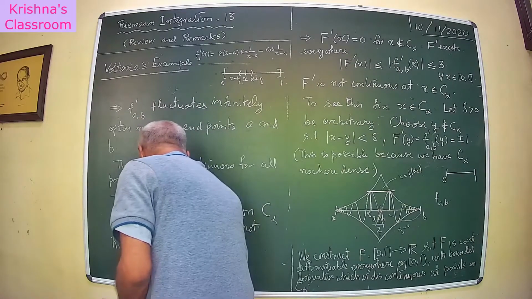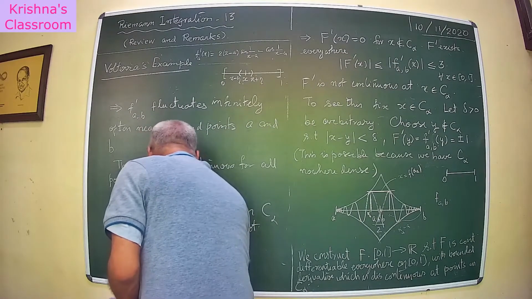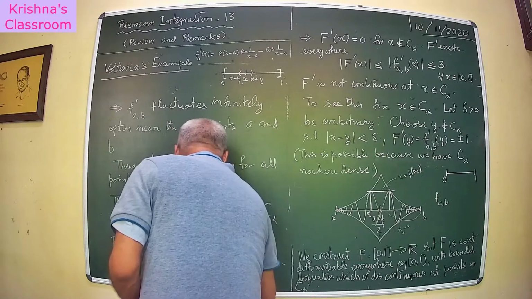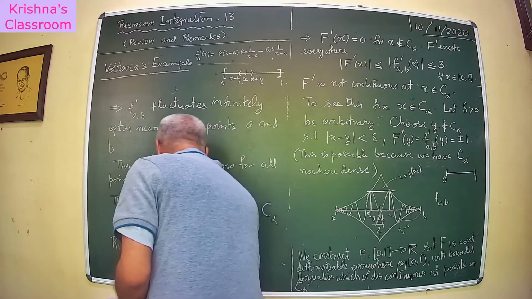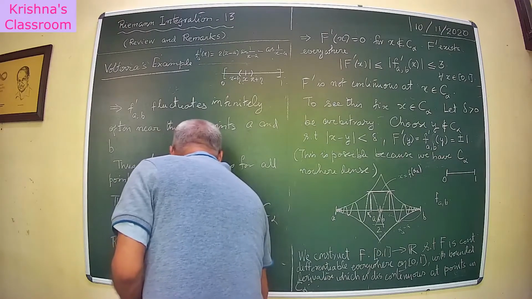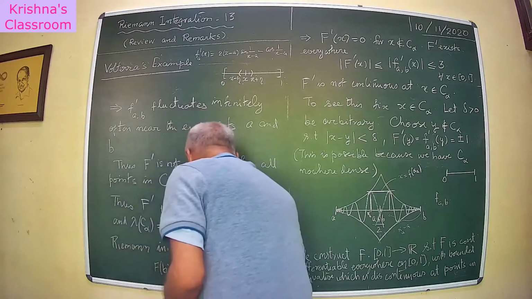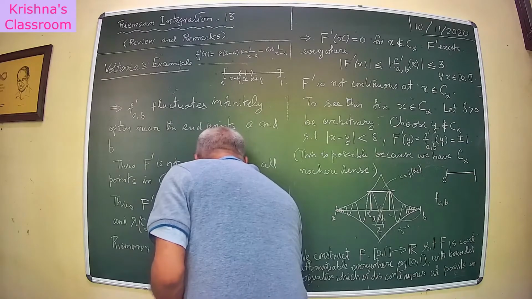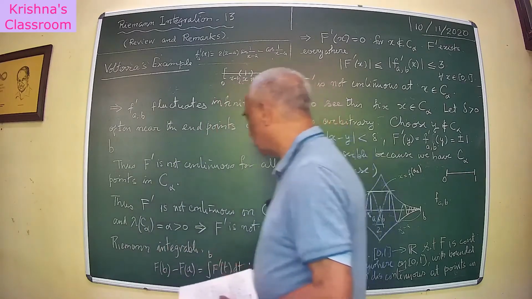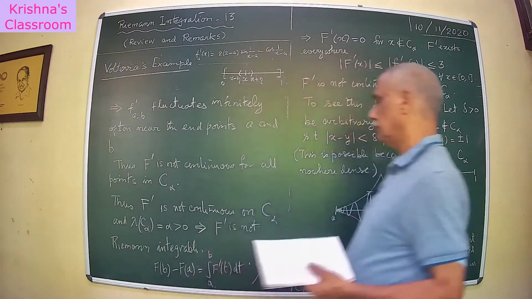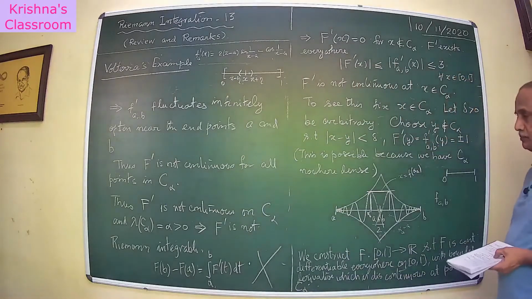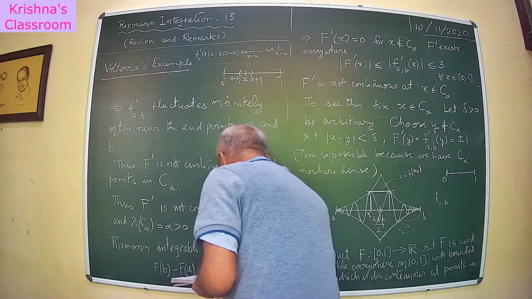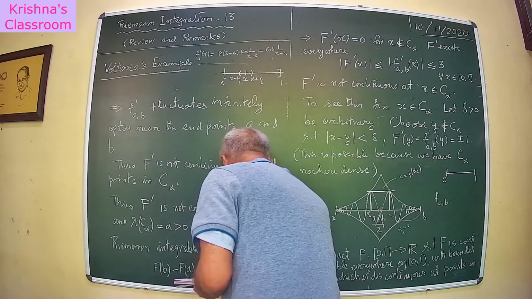F of b minus F of a equals the integral from a to b of F prime dt. This is ruled out, not possible in this case. Well, of course, we are taking a, b belonging to beta.